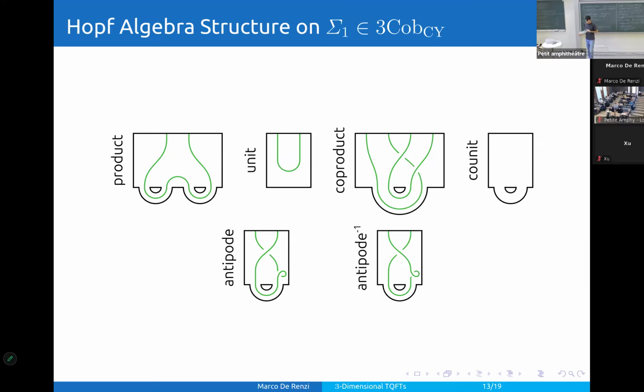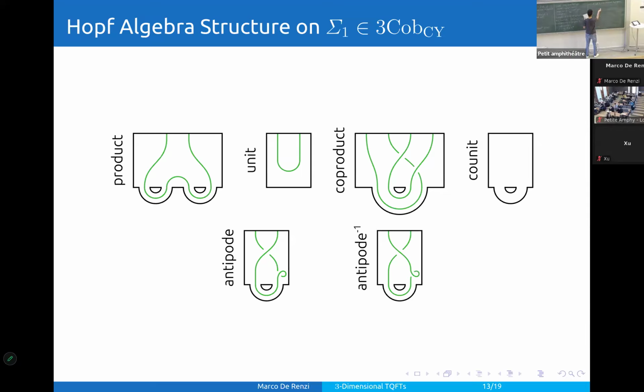This choice for the construction would inevitably yield very trivial functors, representations. So there is a magic trick that we will apply, which will turn a Hopf algebra in vector spaces into a Hopf algebra in another category. And this will be the main application, the main example of this construction.